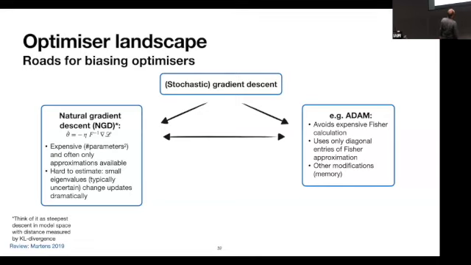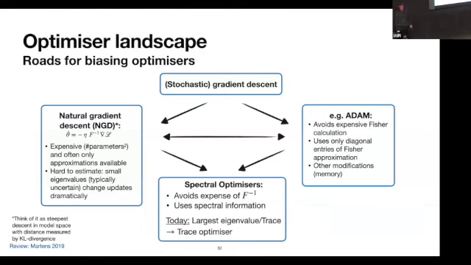What we want to look at is things that combine both, which we call the class of spectral optimizers, where we want to avoid the expense of calculating Fisher, but still use the spectral information in there.